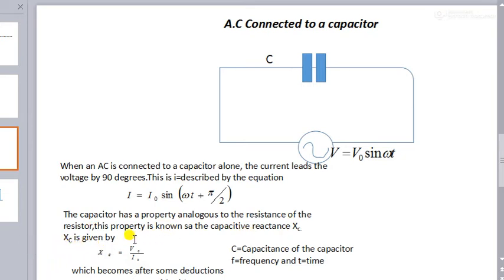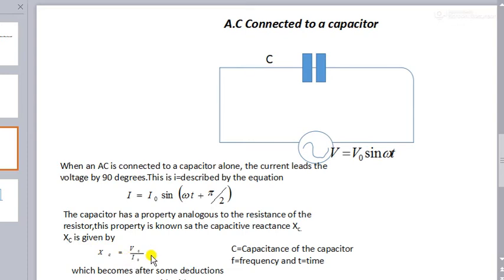After some deductions and relation between the voltage and the current generated by the voltage source, it was found that this capacitive reactance, written in Ohm's form in analogy to the resistor, which is like the resistance of the capacitor, is given by the peak voltage divided by the peak current.